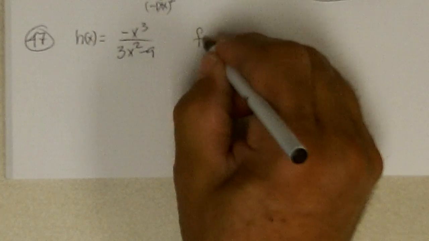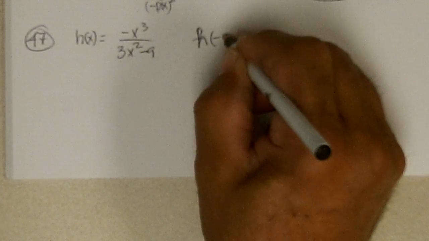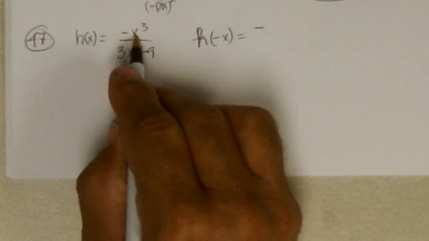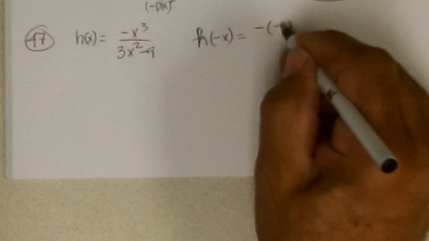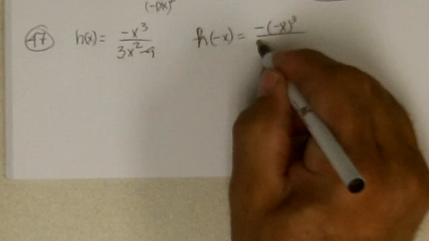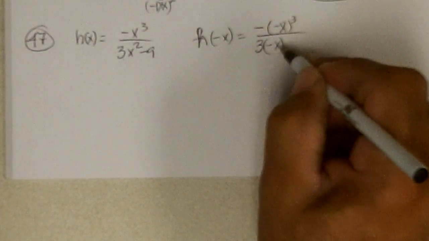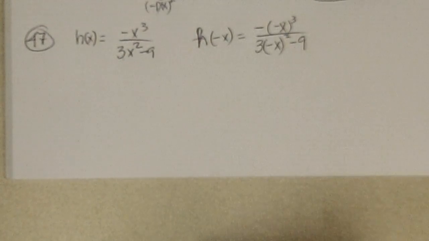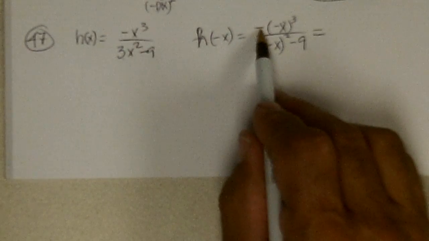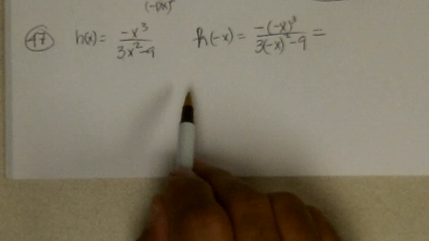So we'll put into h of x a -x, and so this becomes, we have a negative, then in place of the x, we're putting a -x to the third, and we have a 3, and in place of the x we're putting a -x, and this turns out to be -x to the third.